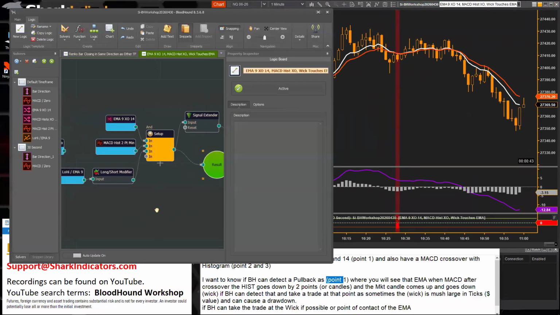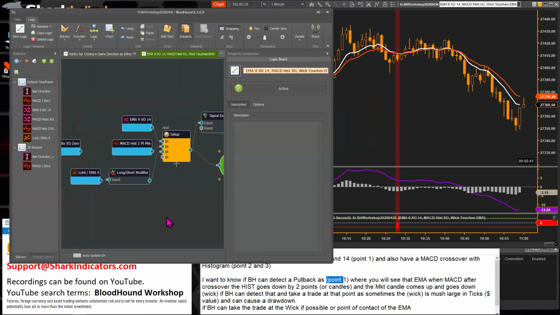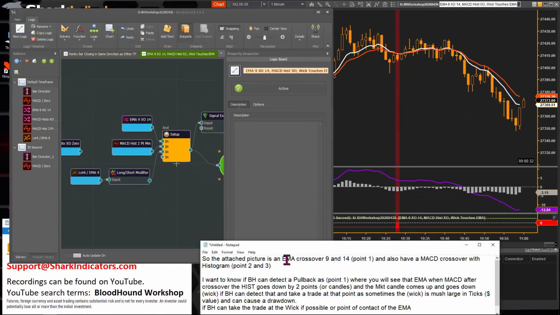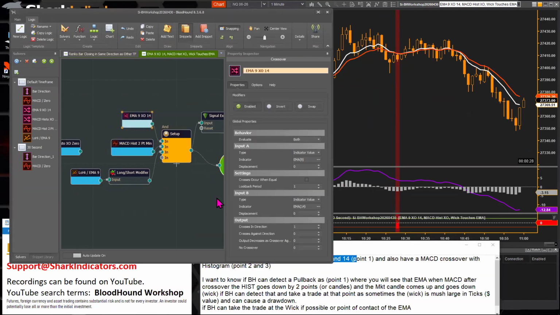All right. So to summarize here, we have just three main components. We have the EMA crossover up here.